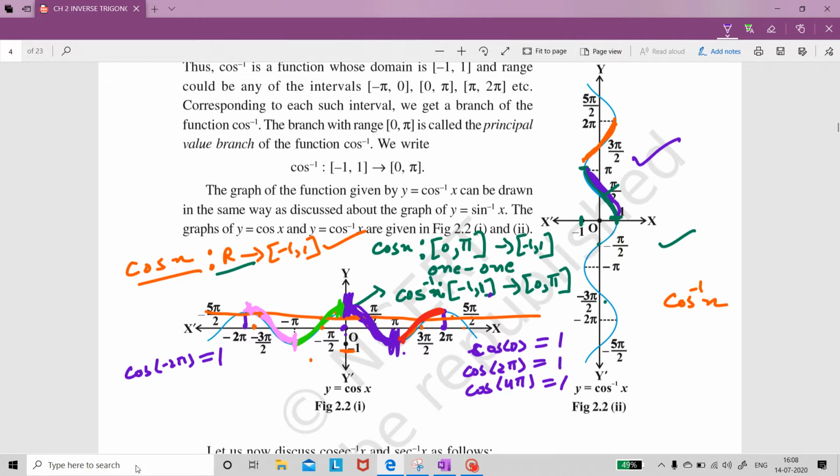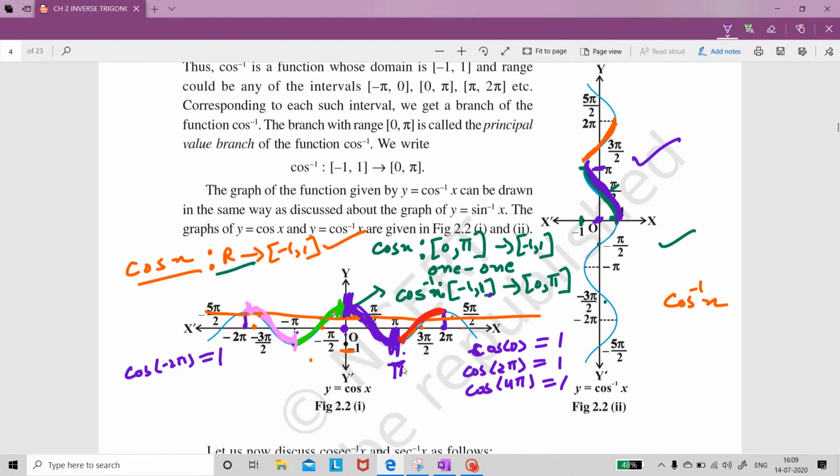Once the graph is reverted, this is the principal value branch, lying between 0 and pi. You can see this point on the x-axis is 0, this point on the y-axis is pi. The graph could also be restricted to any other branch, pi to 2 pi, or 0 to minus pi, or minus pi to minus 2 pi.